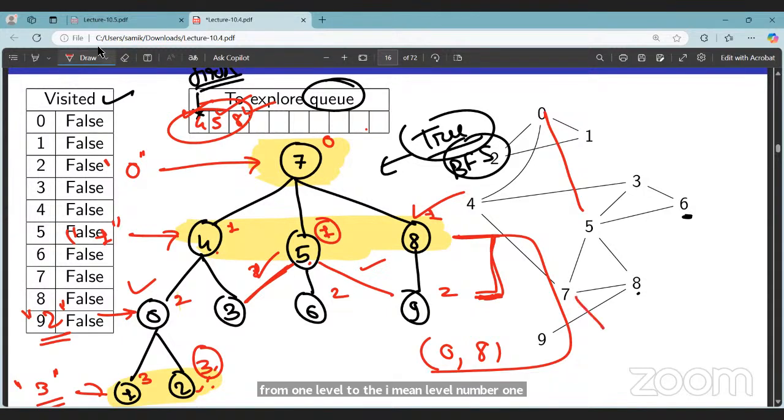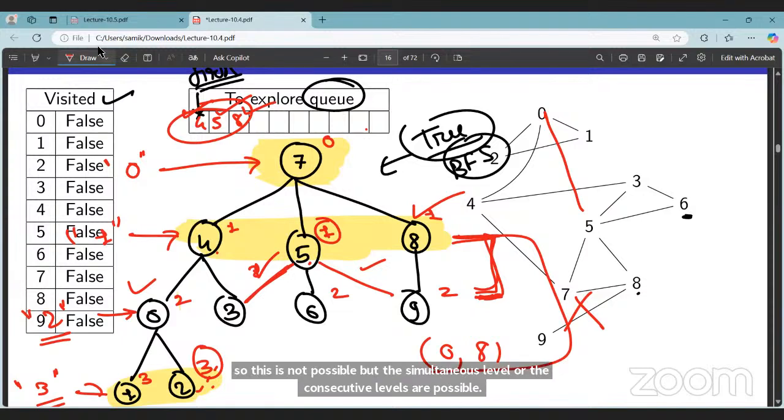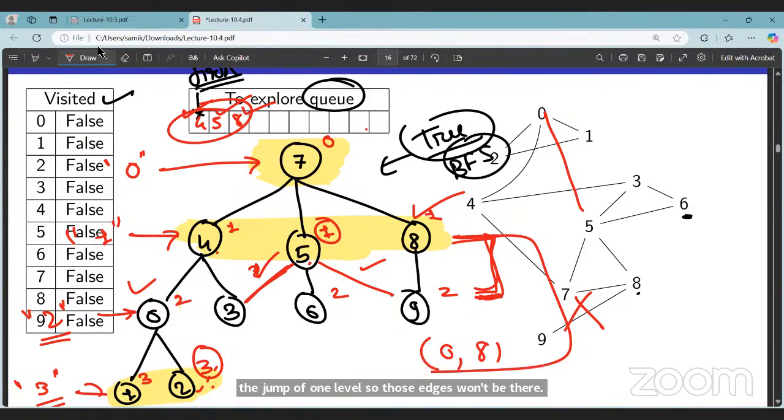That is not possible, but consecutive levels are possible. Those jumping edges won't be there. Are you getting my point? Just think about it, you will get the intuition of how this is going to work.